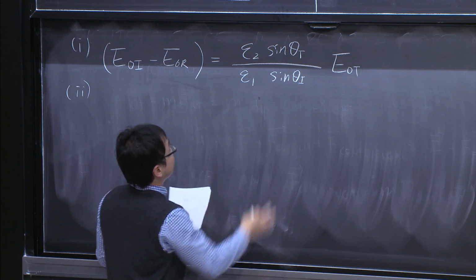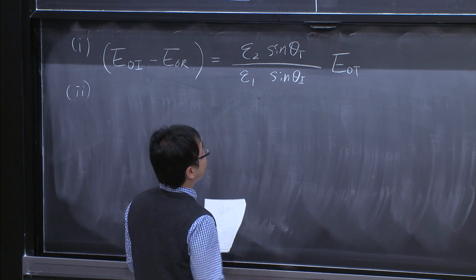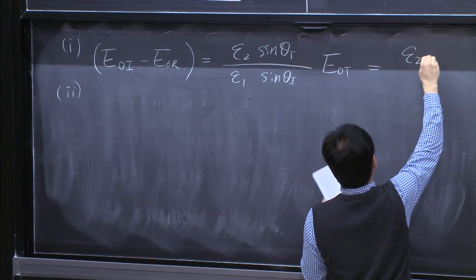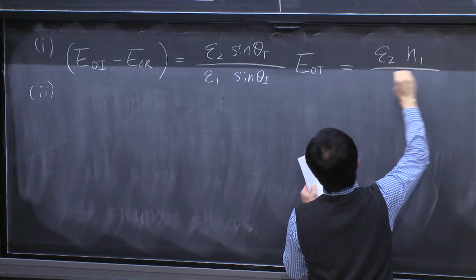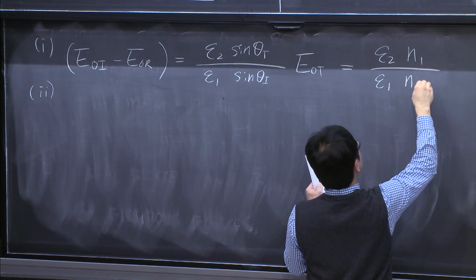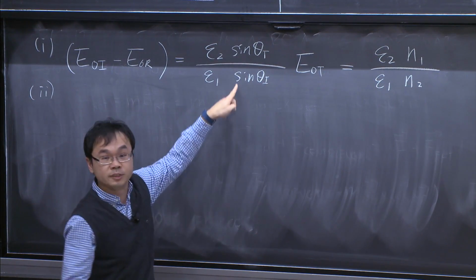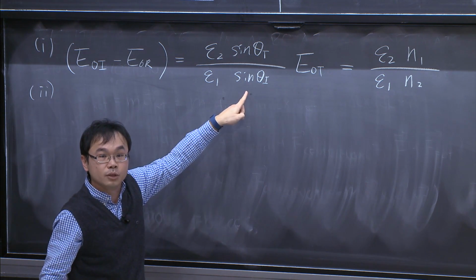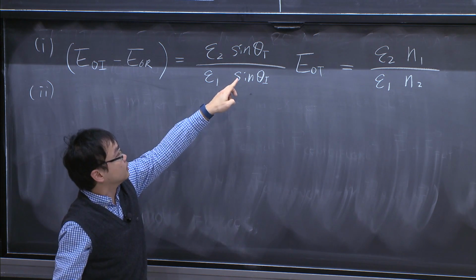And this can be related to another expression, which is epsilon 2 divided by epsilon 1 times n1 over n2, because I can use Snell's law: n1 sine theta I is equal to n2 sine theta t.